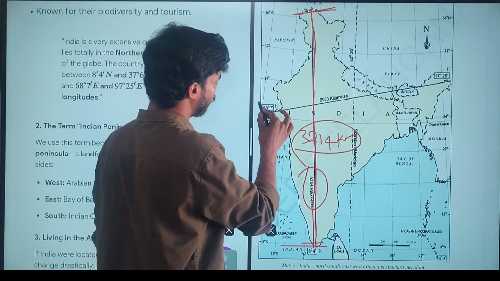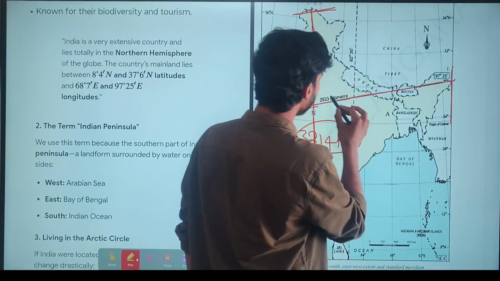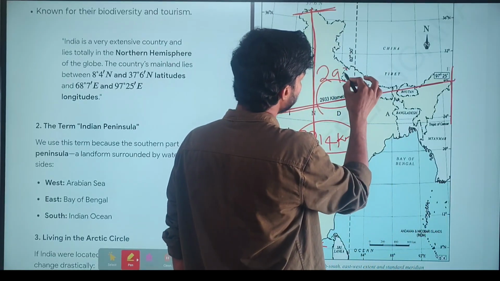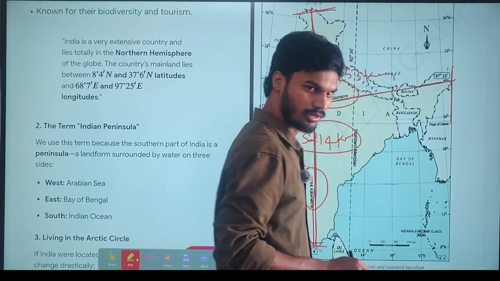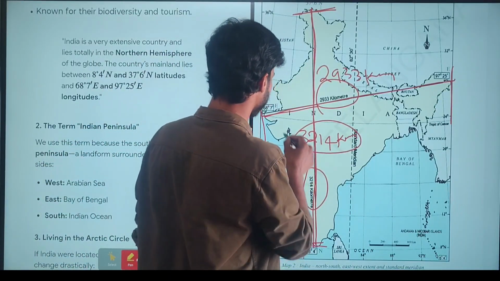Whereas the total distance from east to west is 2933 kilometers. Clear?